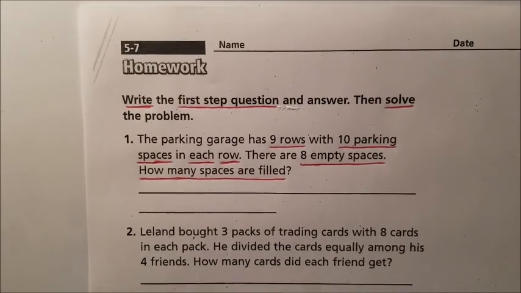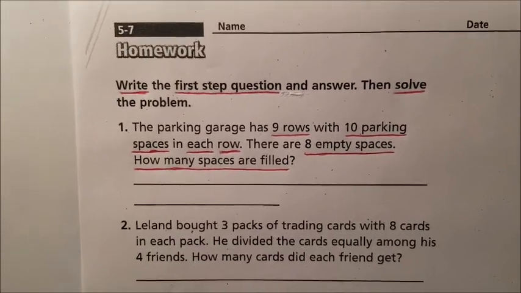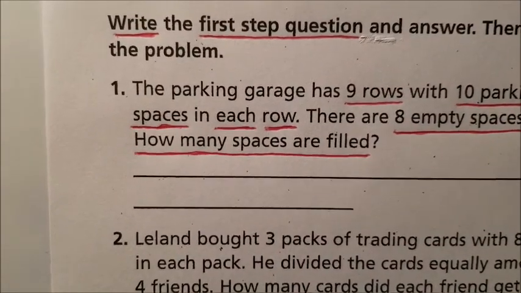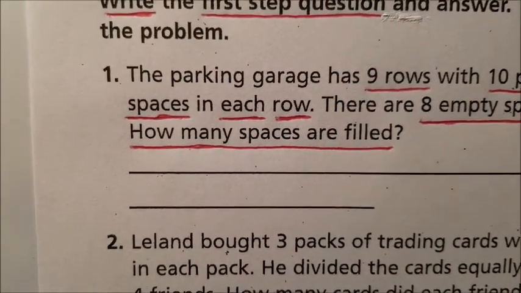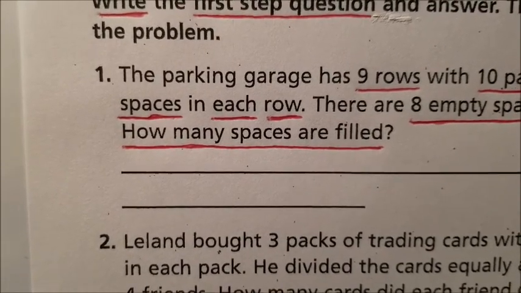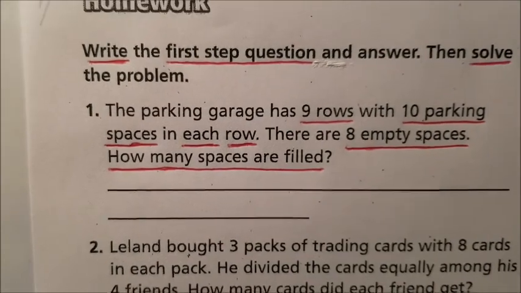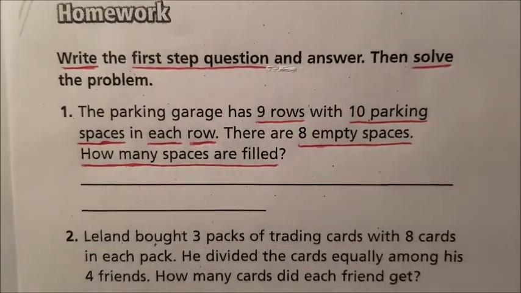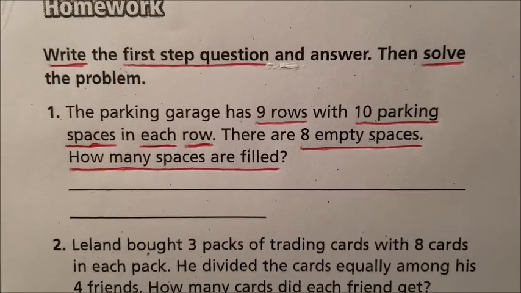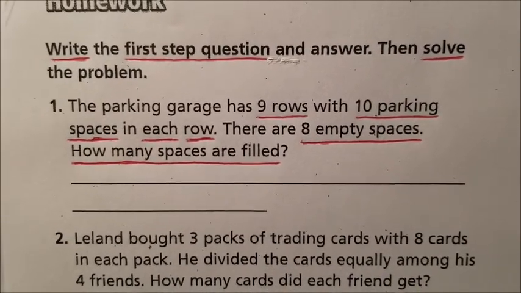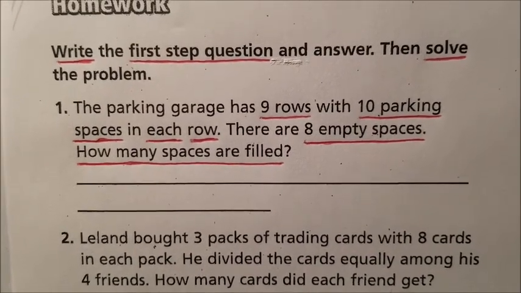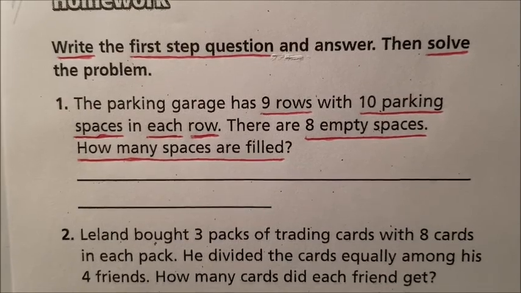Now, when you were rereading this problem, boys and girls, you came to understand that our main question we're trying to answer is how many spaces are filled in the parking garage. We know that there are 9 rows with 10 parking spaces in each row in the garage for the total number of parking spaces.